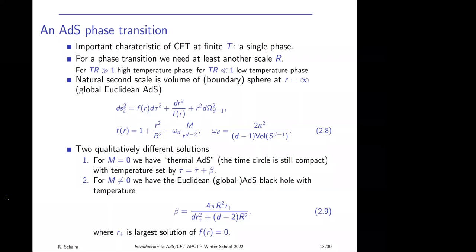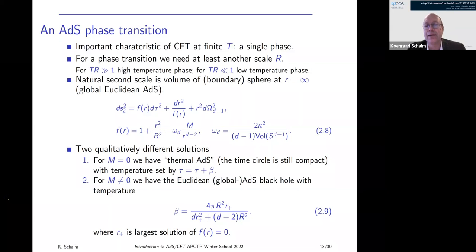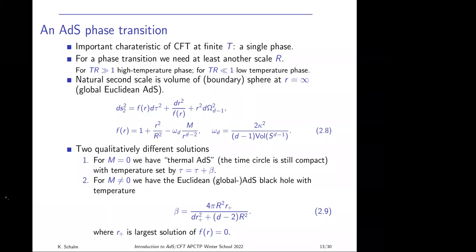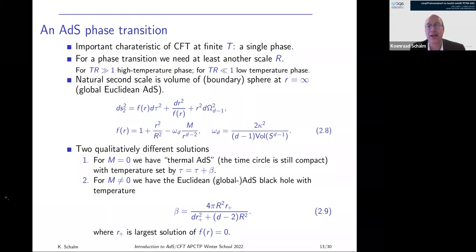Yes. Understood. Okay, and so maybe that resolves the issue, right? You're thinking really of a very ordinary experiment. I have temperature as a dial, and I can change the temperature at will. In the thermal AdS case, the only thing it changes is the periodicity of Euclidean time. In the black hole case, it also changes the periodicity of time, but at the same time it changes where the horizon radius is and the effective mass of the black hole.